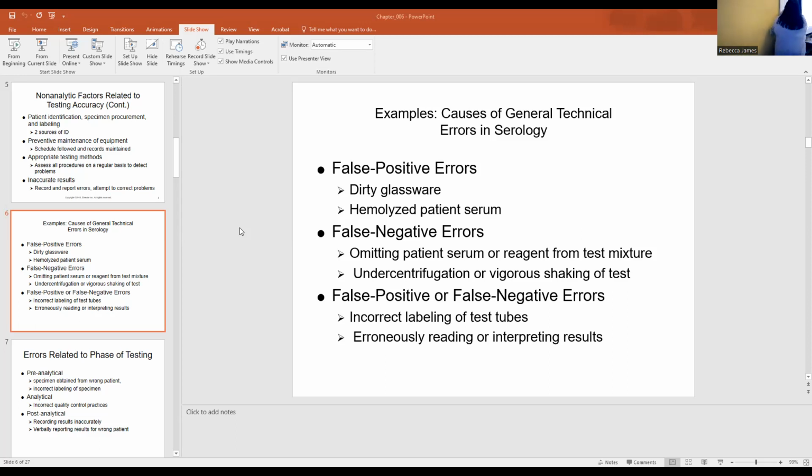Okay, external QC. That is the material that you get from the manufacturer that you use. So let's just say that I dropped my positive control right here, where it's supposed to go. It tells you on the bottle. So you have your little bottles, and it'll have it on there.